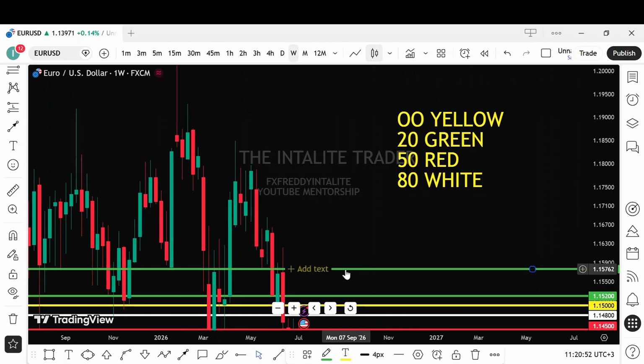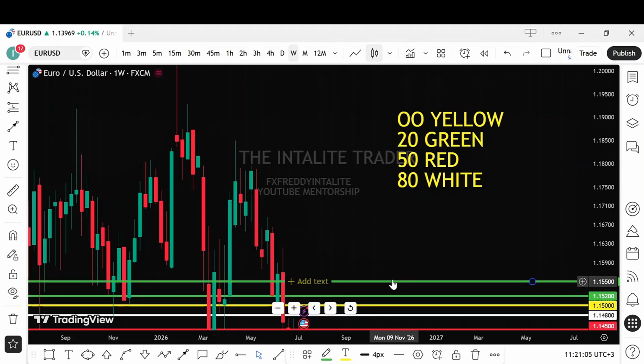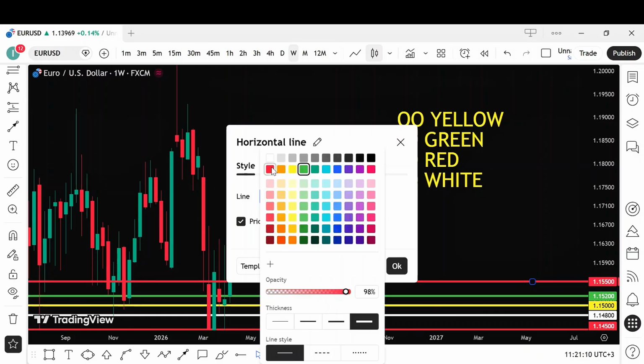We plot 1.1550. Okay, the 50 level, we said it's red. This is red.